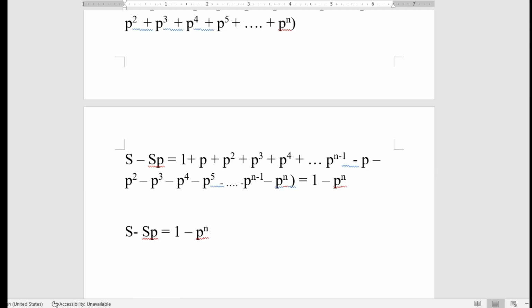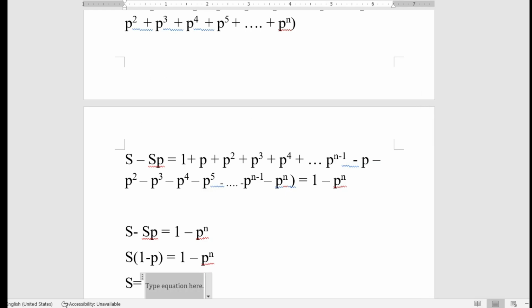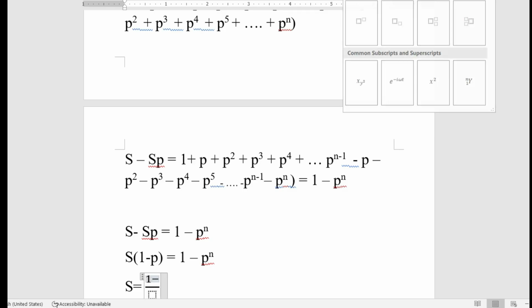Okay. You take s as a common factor, and you have s multiplied by 1 minus b in brackets equals 1 minus b to the power of n. And then you can say s will have this.